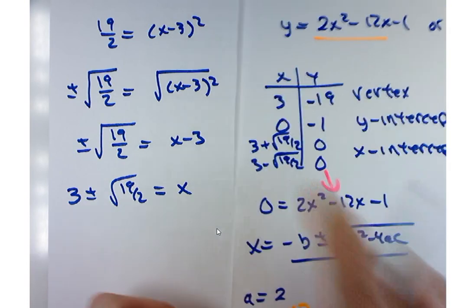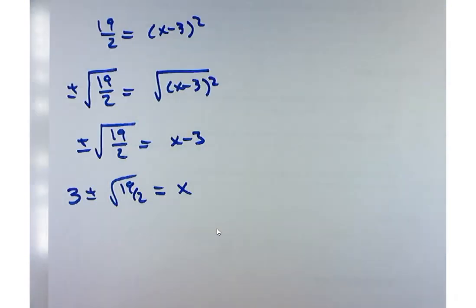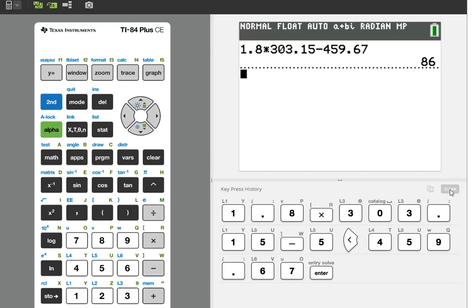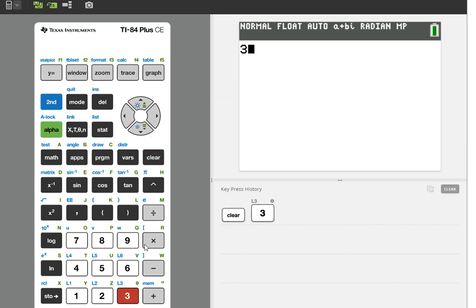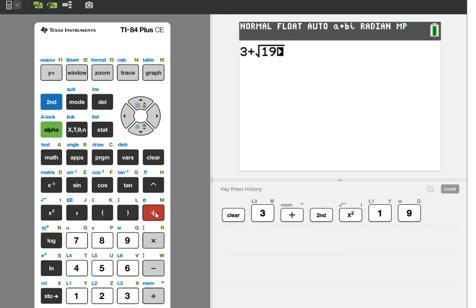If you were to calculate that decimal value, let's do that. 3 plus the square root of 19 over 2. I'm guessing 7 something.